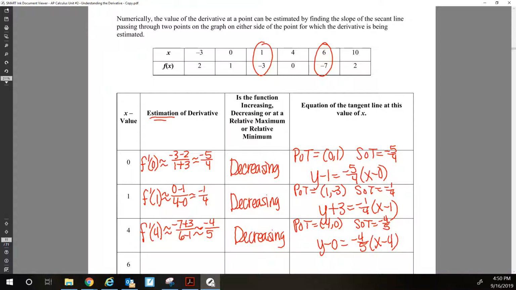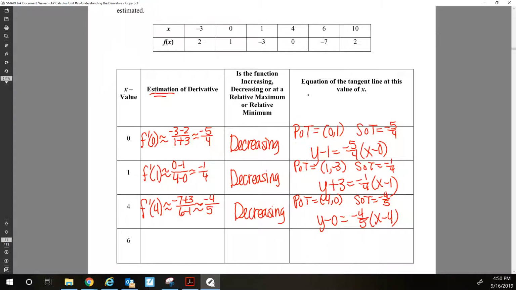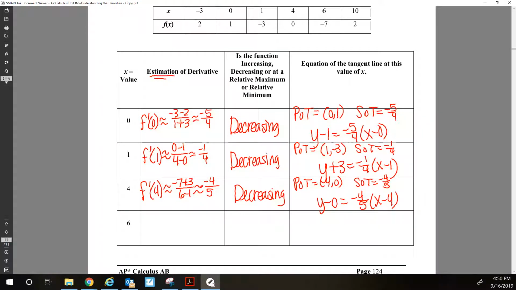And make one more approximation, this time at 6. So the derivative at 6, the slope of the tangent line to our function at 6 would be 2 minus, wow, I just cannot get away from an equal sign today. 2 minus 0 over 10 minus 4, which is 2 over 6. We are approximately at 1/3. Ooh, 1/3.